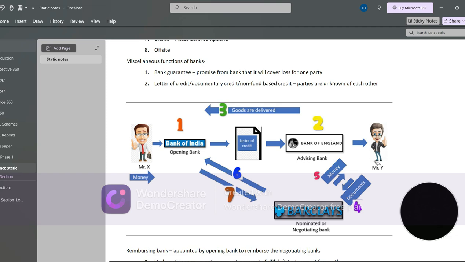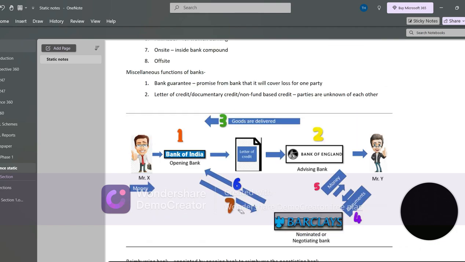After this, Mr. Y approaches the negotiating bank with the letter of credit, and the negotiating bank, after verifying the letter of credit, gives the money to Mr. Y. And after the due date, the negotiating bank goes with the letter of credit to the opening bank and asks for the money, and then the opening bank completes the transaction by giving them the money. This is what happens.